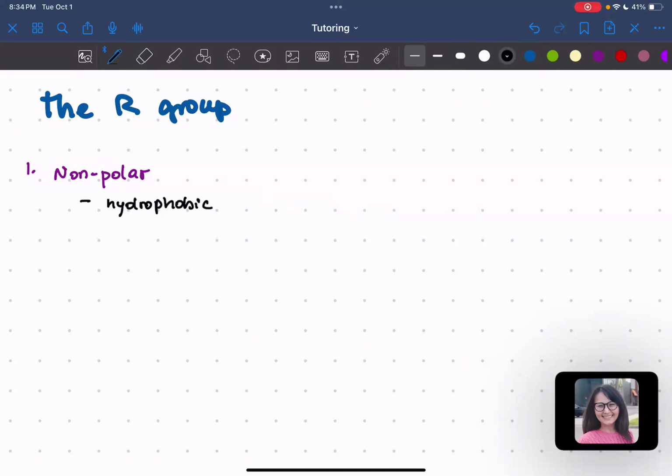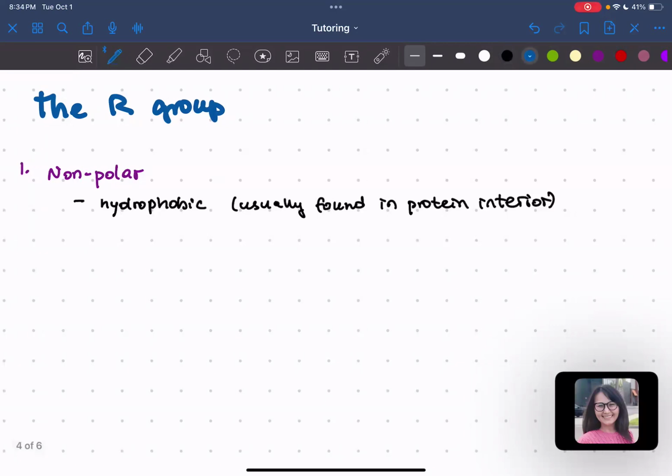And hydrophobic amino acids are usually found in the protein interior. As to why: the protein needs to move around the cell, which is mostly aqueous, around 80% water.